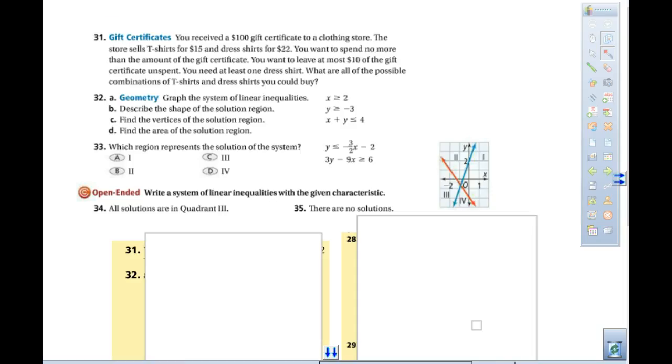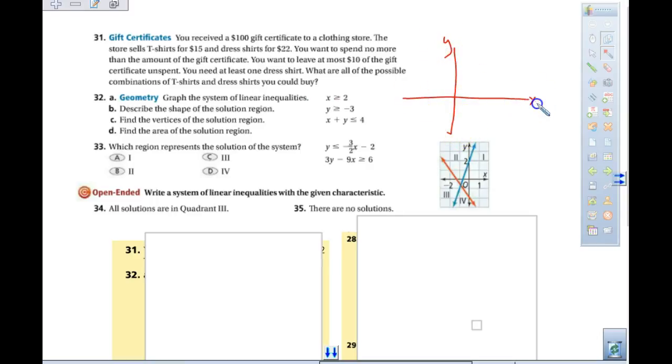31. All right, so 31 with our gift certificates. As we are looking at that one, and then 32, let's look at 32 first. It says you're going to graph these. So if I'm looking at 32, and it says x is greater than or equal to 2, Ryan, what kind of line am I looking at?